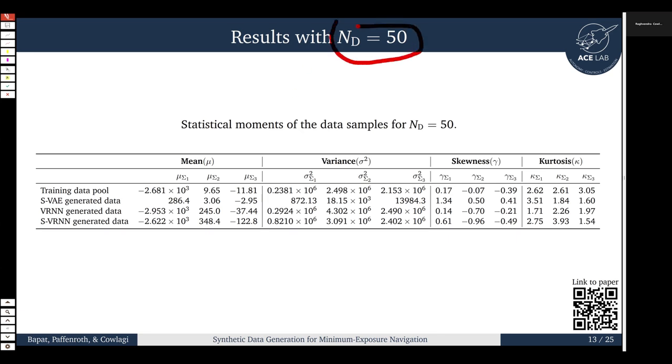Now, this is with 50 data points, right? 50 data points used for training. And the same thing holds true for the variance and the third and fourth moments as well. So as far as this particular result goes, both the data-driven VRNN and the split VRNN do reasonably well, and they reasonably match the training data pool. So there's not a lot to choose.